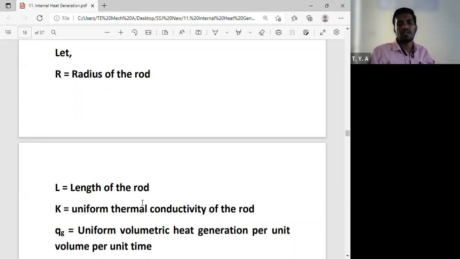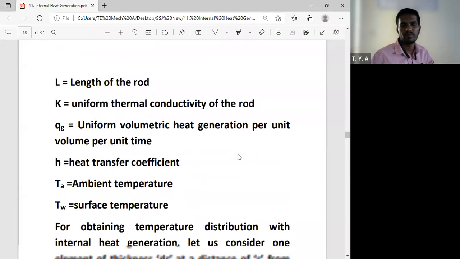Small qg is the uniform volumetric heat generation per unit volume per unit time. Small h is the heat transfer coefficient.